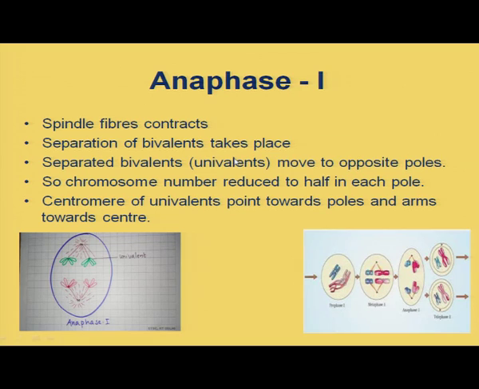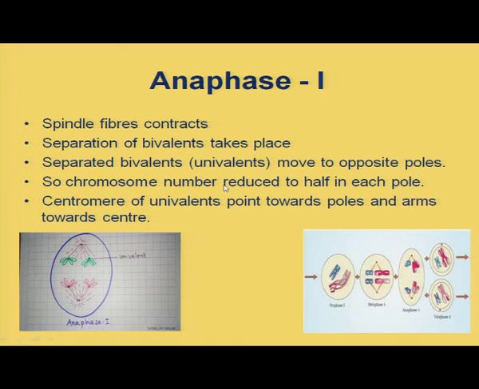Univalent. When they are seen together, we will call it bivalent. But when they are separating, then we can say them as univalent. So, separated bivalent, that means the univalent, single chromosome, will move to opposite poles.